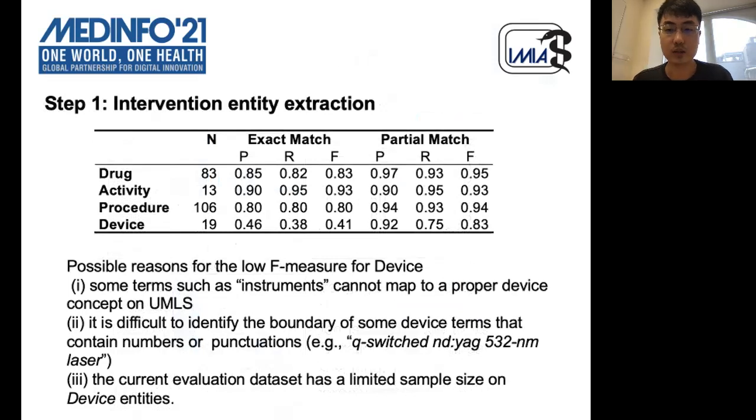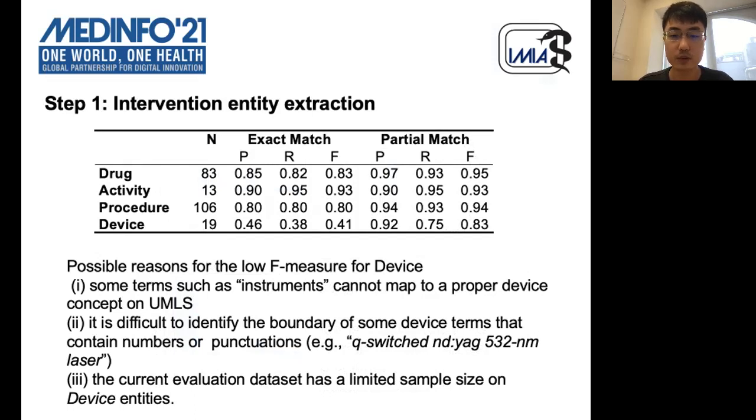The tables here show the performance of the pipeline on intervention entity extraction. We evaluated both exact match and partial match on the extracted treatment terms. Drug, activity, and procedure have high F measures on exact and partial match, whereas the F measure of exact match on the device entity is relatively low.